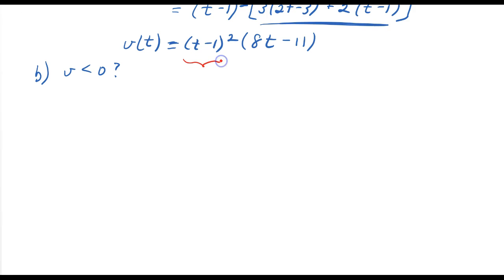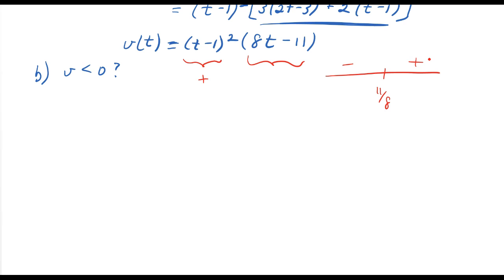This part of the velocity function is always non-negative, t minus 1 squared. Not so for the 8t minus 11. It has a sign chart that looks like this. 11/8 is where 8t minus 11 is 0, but that's a linear function. It's negative to the left of that, and it's positive to the right.